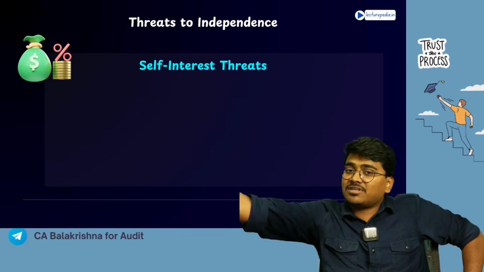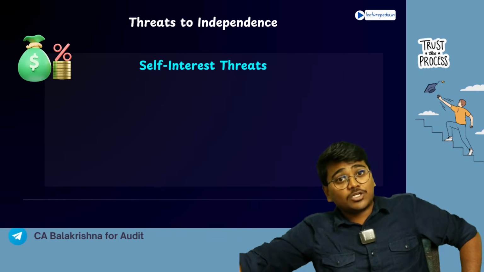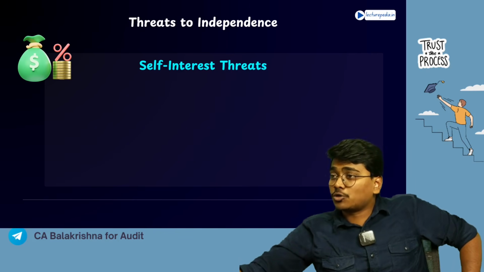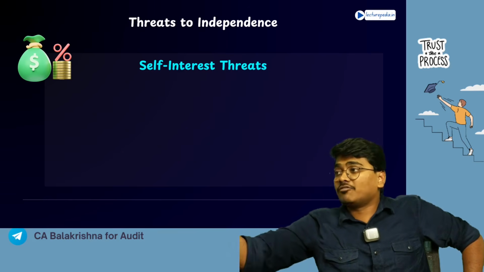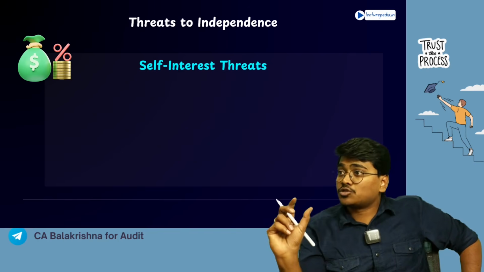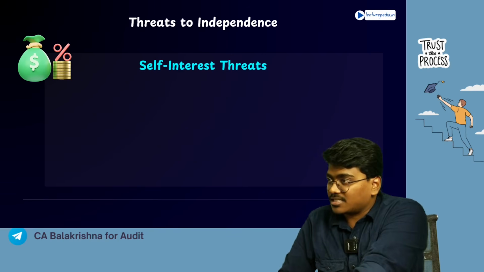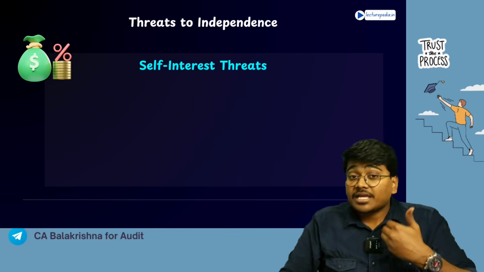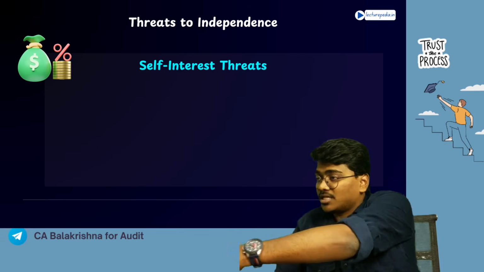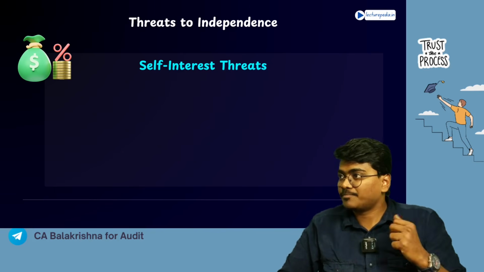Because he has invested in that company, he will always try to safeguard that company, try to show more profits, try to cover up whatever misstatements the company has made. In this manner he can get a self interest threat. Either he or any of his close relatives has invested in the company, then also he will have this self interest threat, right?